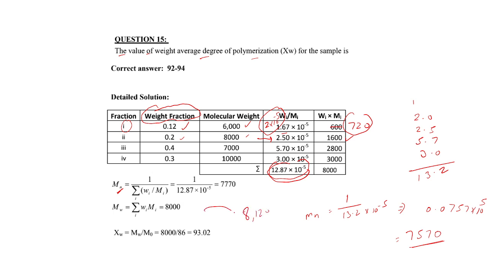So Mw will be 8120. Now you can find XW also. You need to just divide by 86. I think it is not given here, the degree of polymerization; 86 is the weight of one mole.